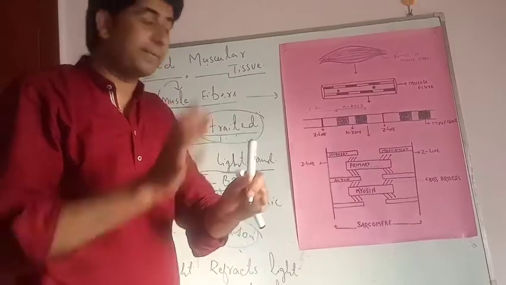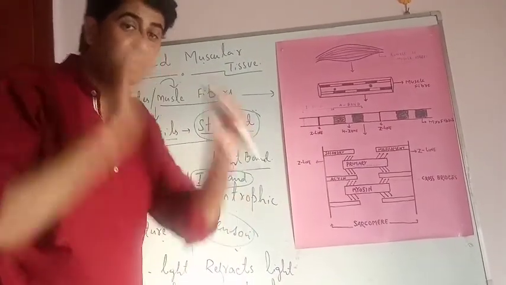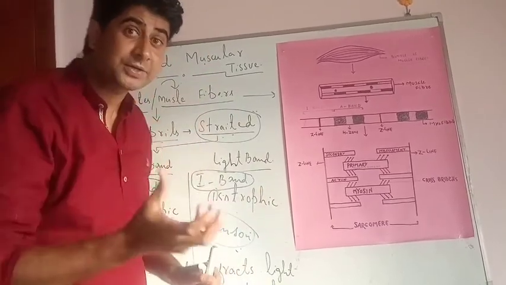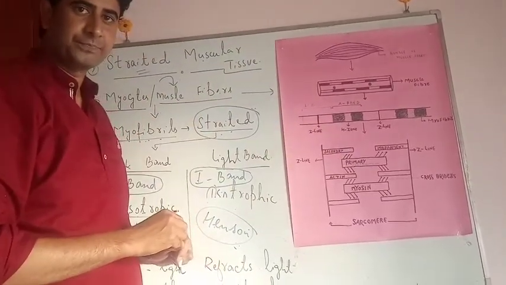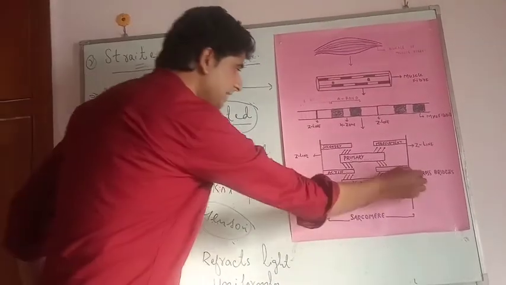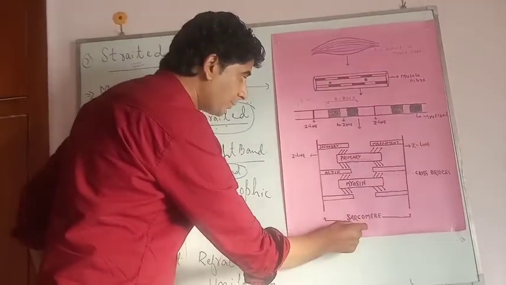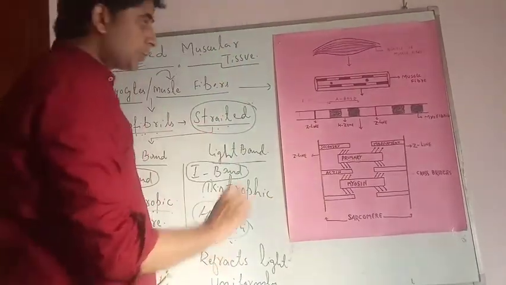Sarcomere का मतलब है the portion between the two Z lines, and it acts as a contractile apparatus or the contractile unit. And this sarcomere on either side consists of the Z lines, हमने देखा.